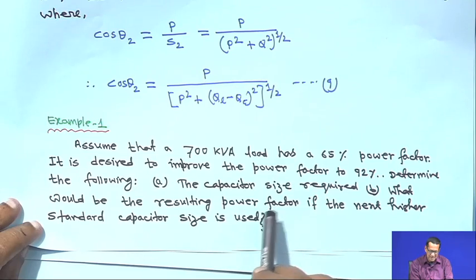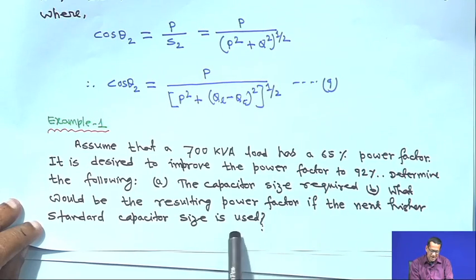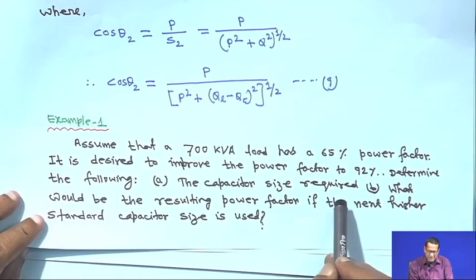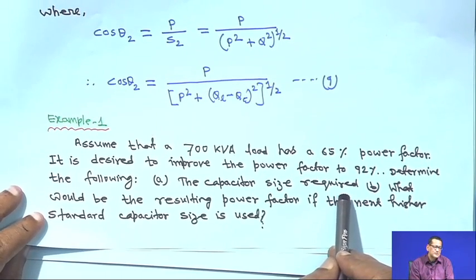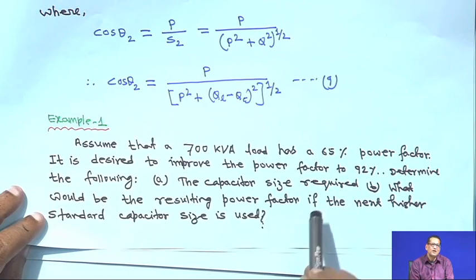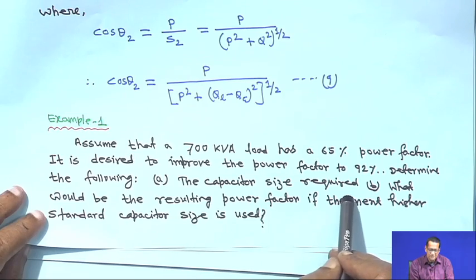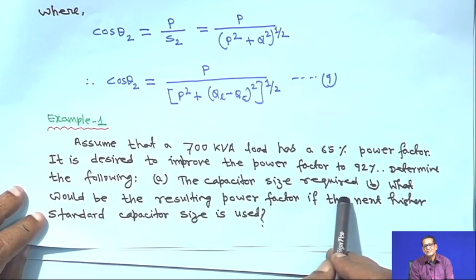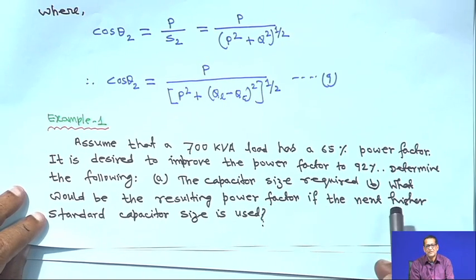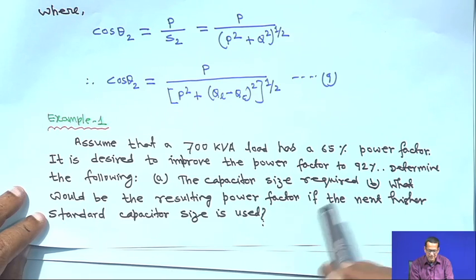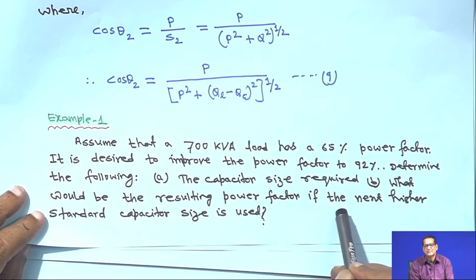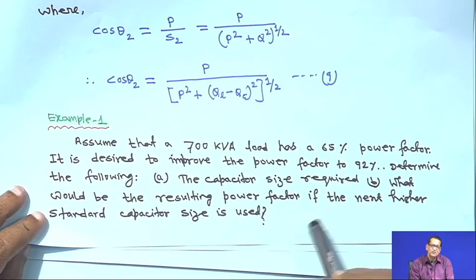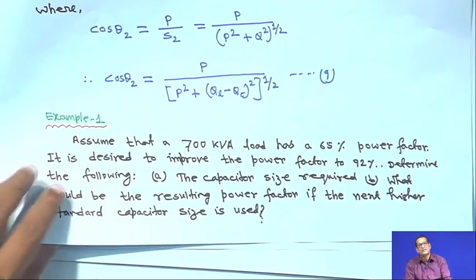You have to determine the capacitor size required. Suppose you get some value, say 331, but this is not available; then the nearest rating will be either 325 or 350. Accordingly, with that new size you find out the power factor.